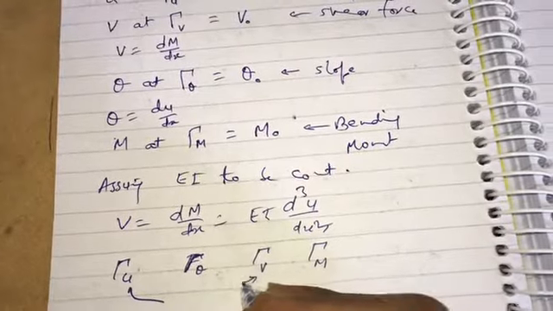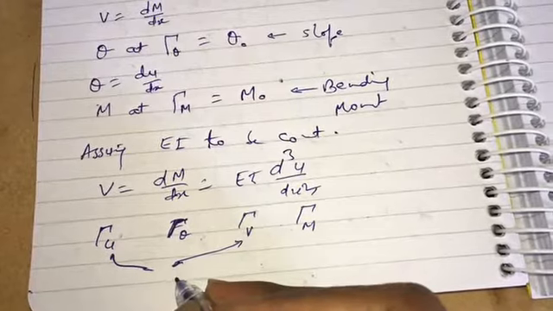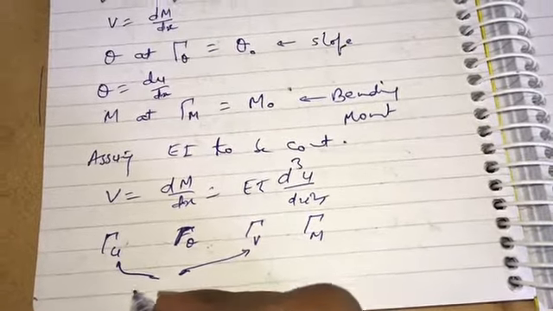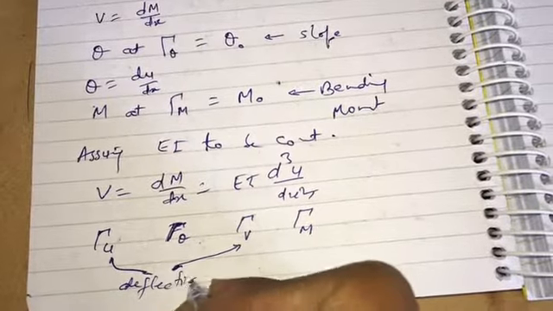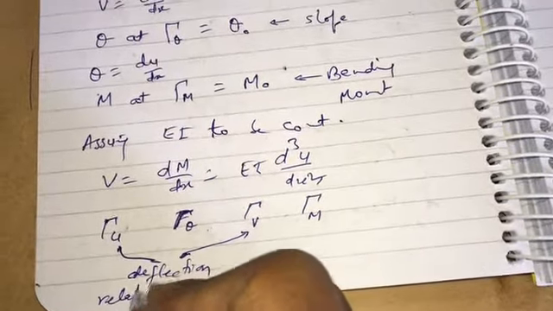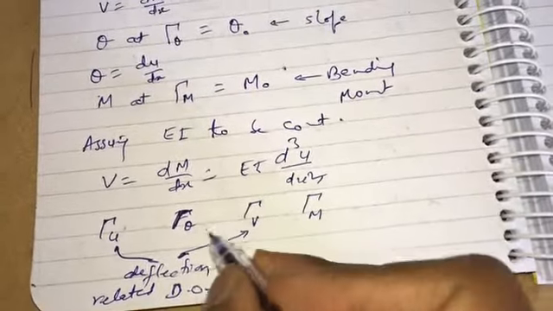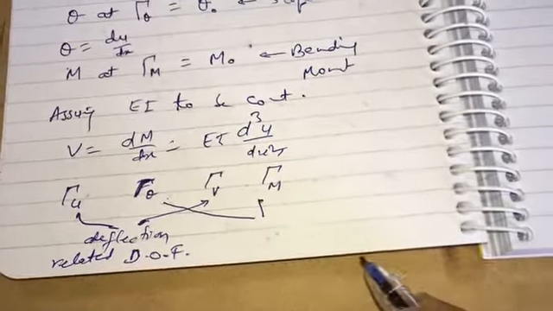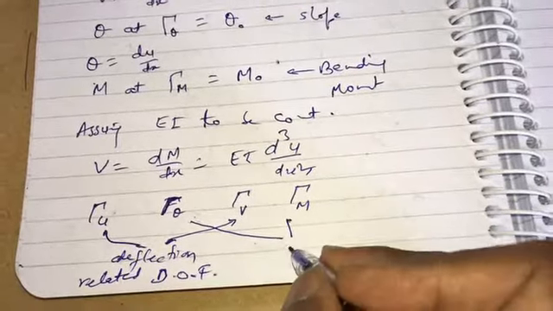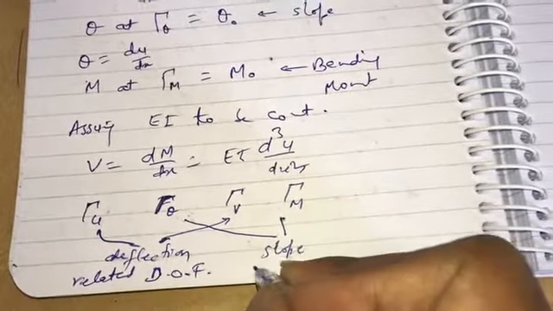Remember that gamma u and gamma V relate to the displacement, or deflection, related degree of freedom, whereas gamma theta and gamma M relate to the slope related degree of freedom.